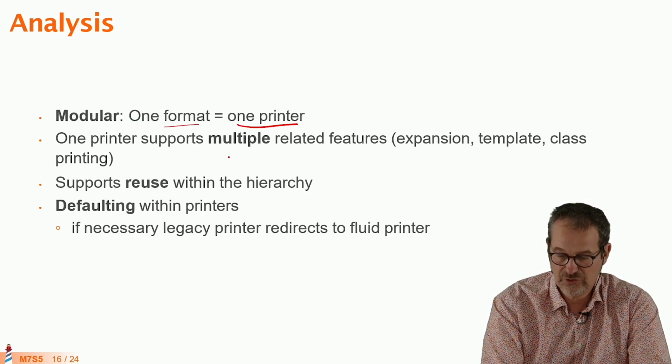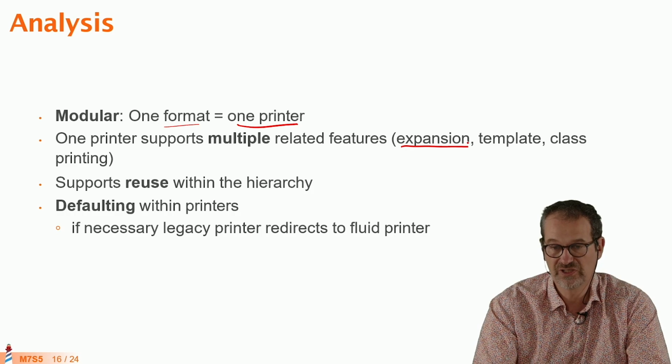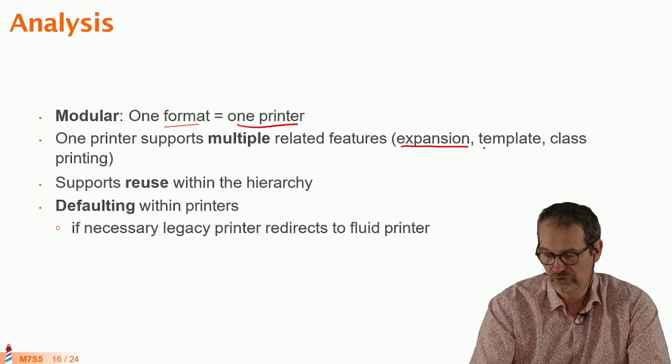A printer can support multiple related features, like expansion. I did not explain what expansion is, but if you have a partial class definition and you want to see all the parameters, you could say, please, class definition, can you expand and show me all the possible variations that I have? The template, the default template that you see in the debugger, and the actual class printing.